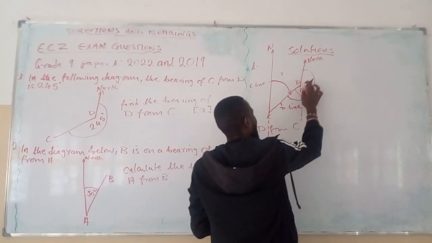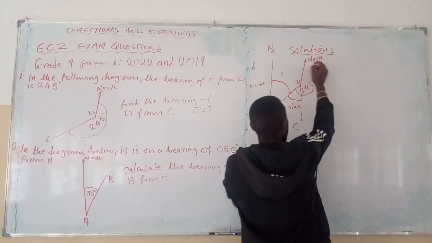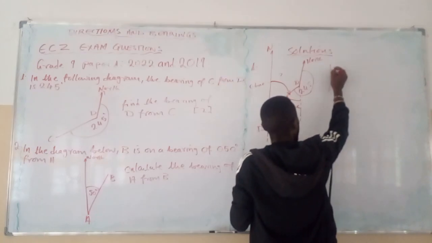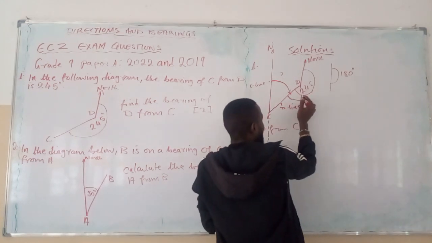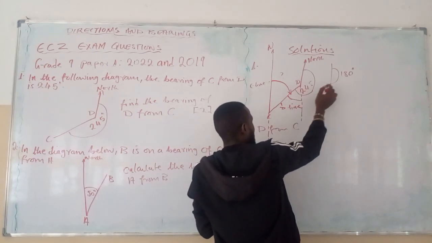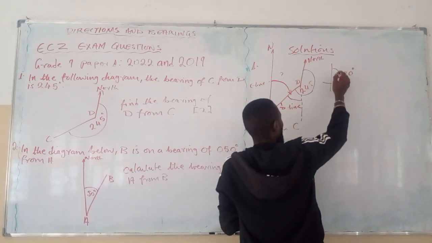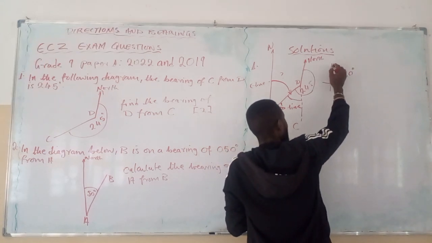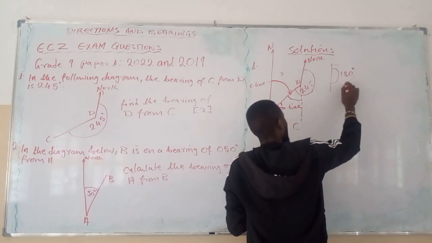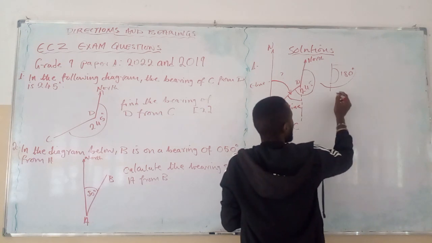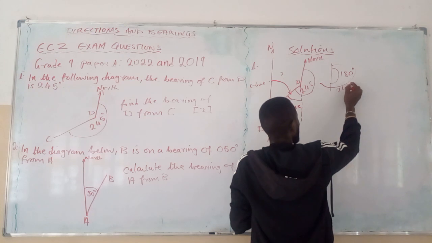So how do we find this angle? We are simply going to say, this straight line adds up to 180 degrees. But they have extended it to here to be 245. So the whole of this from here to there is 245 degrees.